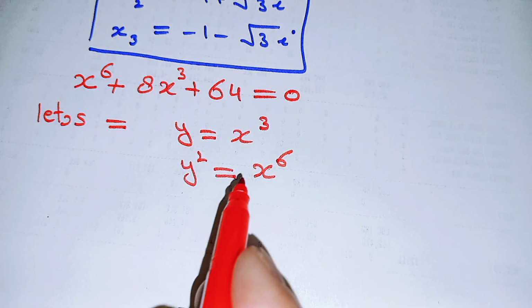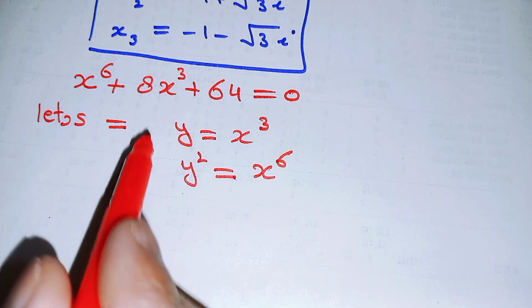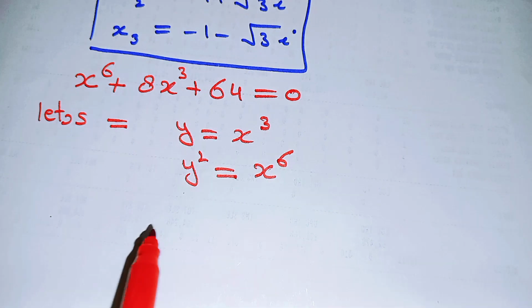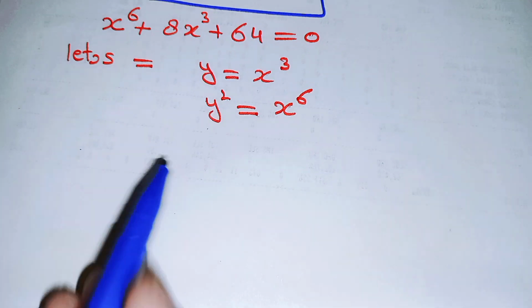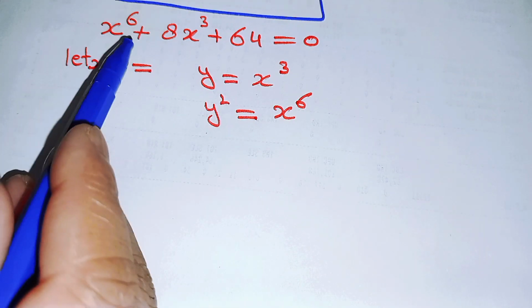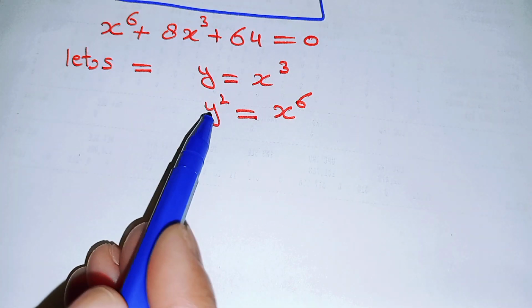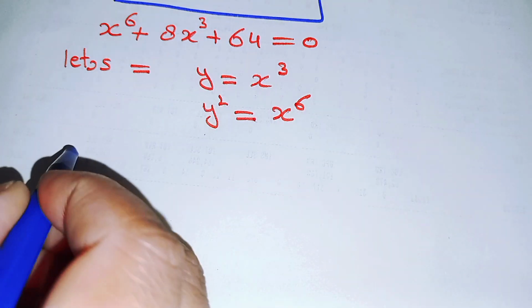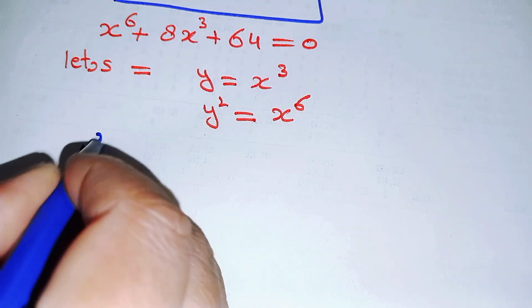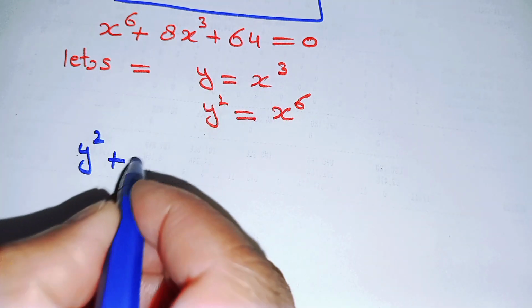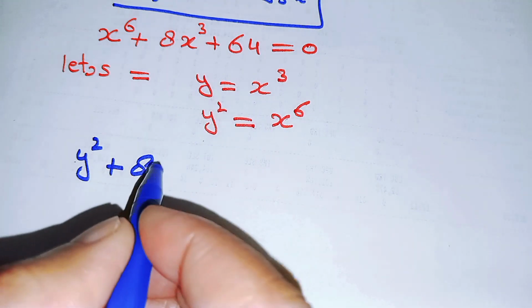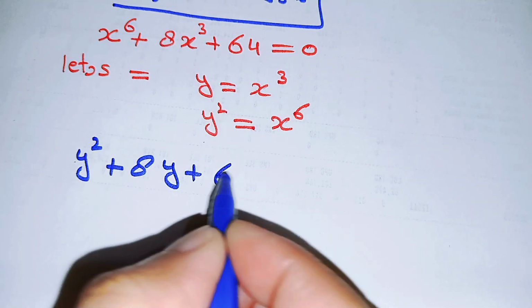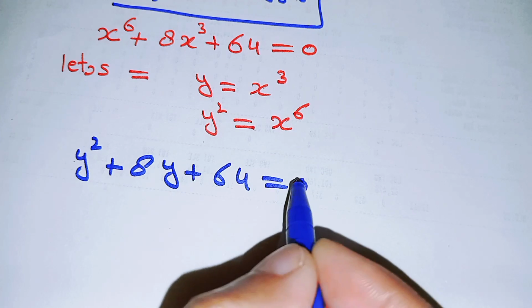And now we substitute these values, so this x to the power of 6 can be written as y square, plus 8 times x cube, which is y, plus 64 is equal to 0.